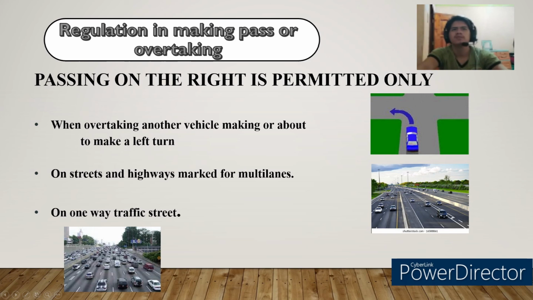So if a vehicle is about to make a left turn, it is okay or safe to overtake on the right side of the vehicle that is turning to the left, due to the reason that there is space and the turning vehicle is entering another road in the opposite direction. So overtaking on the right side in that situation is permitted.